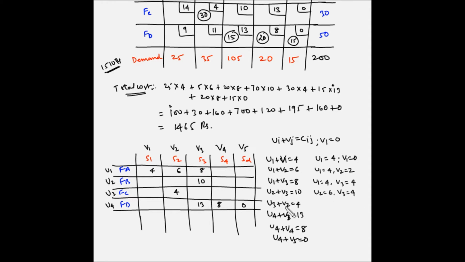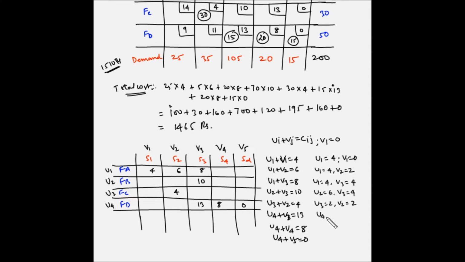Now in the next equation, v2 is 2, so u3 is 4 minus 2, which is 2. And the next equation, again, u4 plus 4 equals 13. So u4 is 13 minus 4, which is 9.